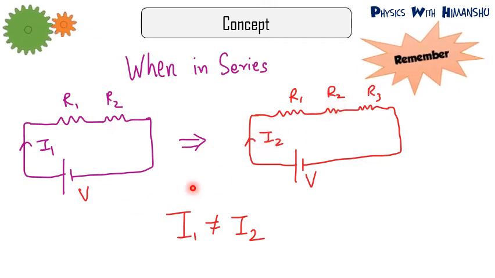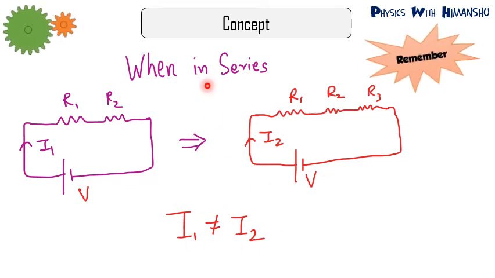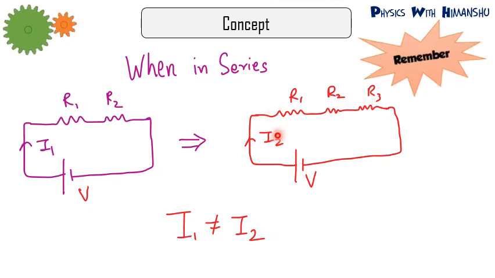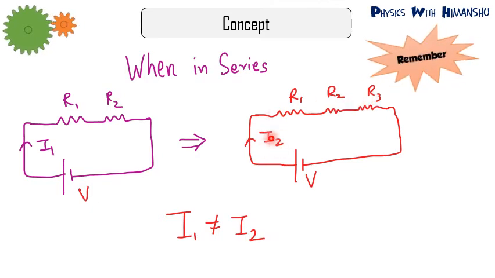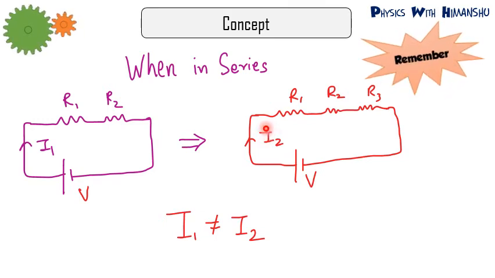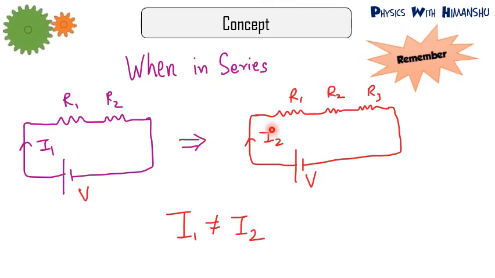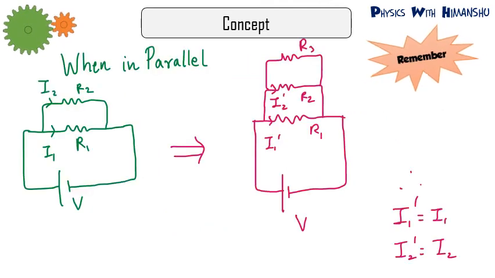We have kept the battery potential constant. Remember that I1 will not be equal to I2. In series, if you add resistors or delete resistors, then the value of current will change. If current changes, then remember the heat produced will also change. So in a series circuit, if you do anything with the circuit, the value of current will change. But in parallel, now see what will happen.